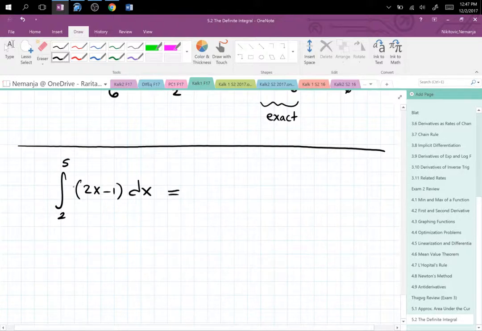What is the integral of 2x? Well, it's x squared, and it's minus x. That's the integral, the antiderivative from 4.9.